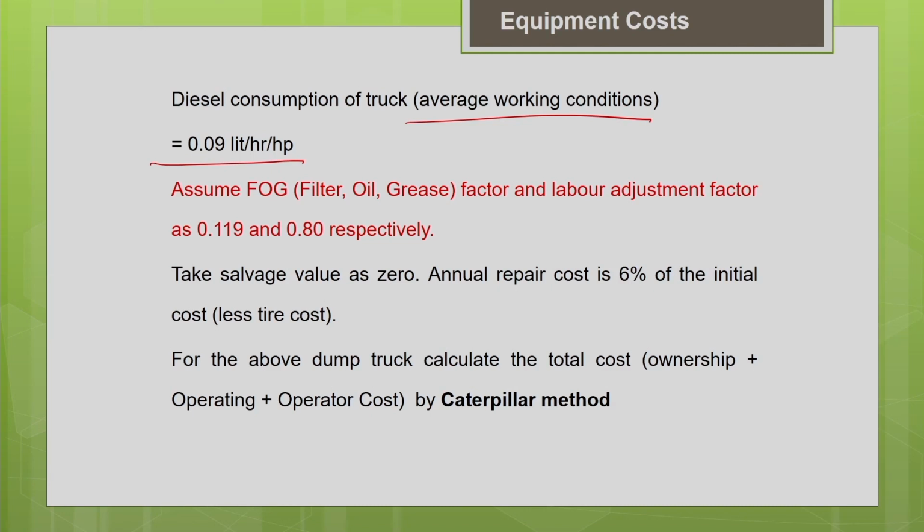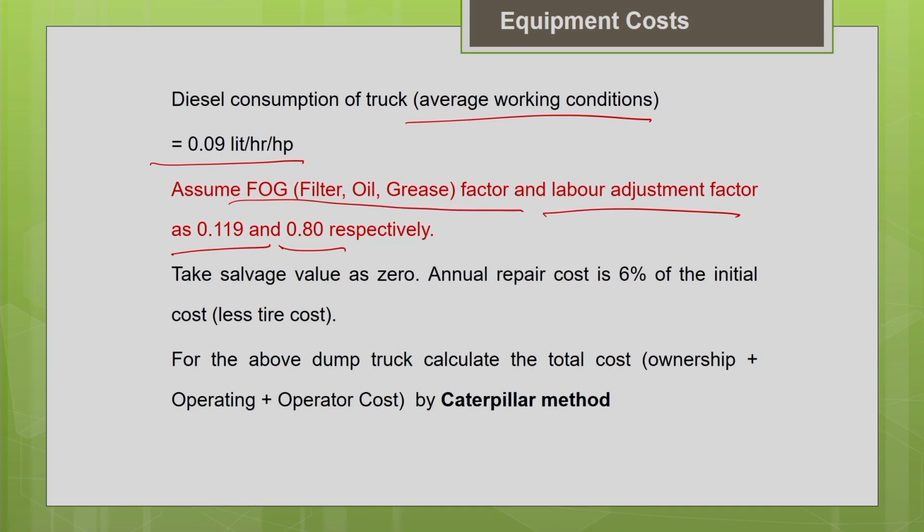This value also I have assumed approximately. You can look into the literature for the particular type of machine in a particular work condition, and get the value accurately for the particular model of machine from the equipment handbook. Similarly, for filter, oil and grease, I have given the factor 0.119, and the labor adjustment factor I have used as 0.8 approximately. I have made the assumption for the particular region.